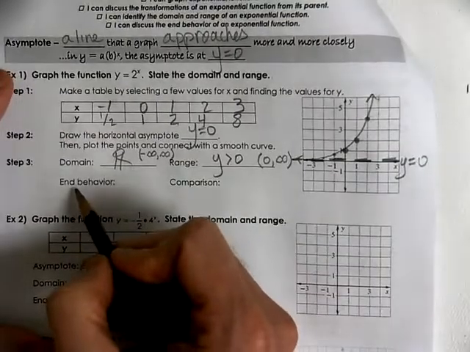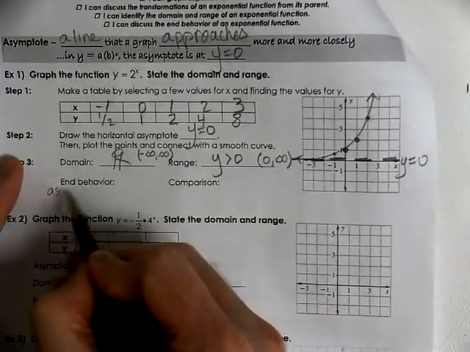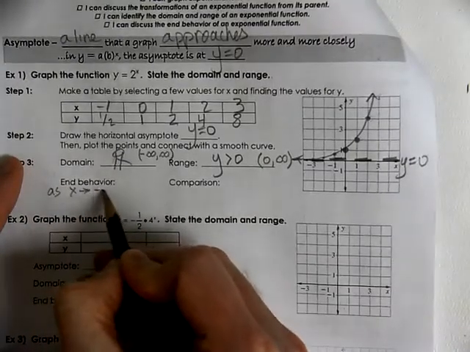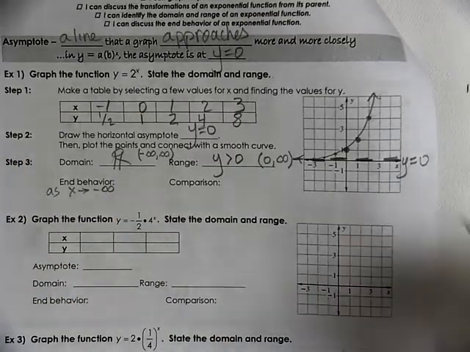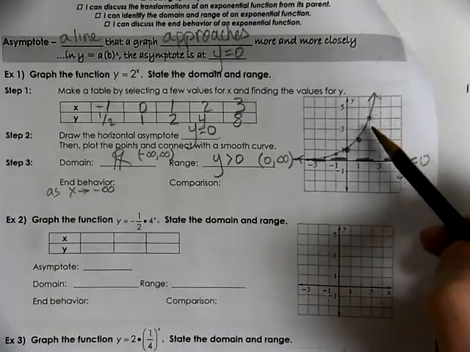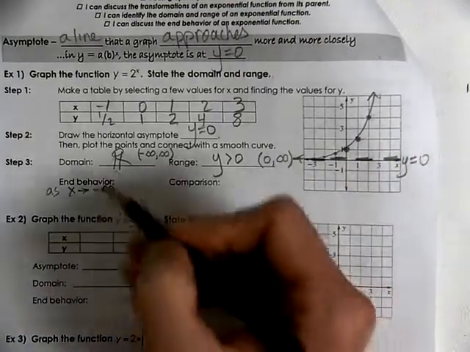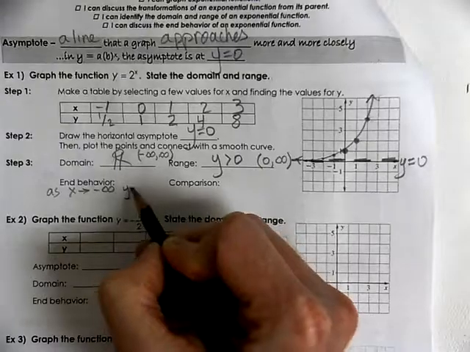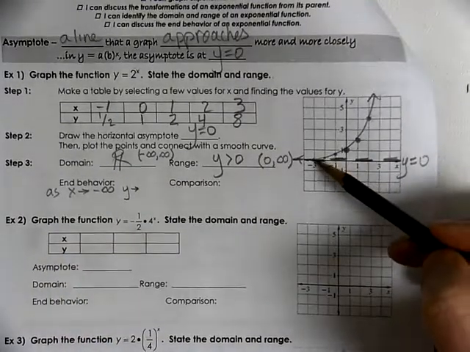End behavior. Haven't done that in a while. As x approaches the left, as x goes to negative infinity. Take a look at your graph. As x goes further to the left, where is the graph going? Okay, it is going down forever.